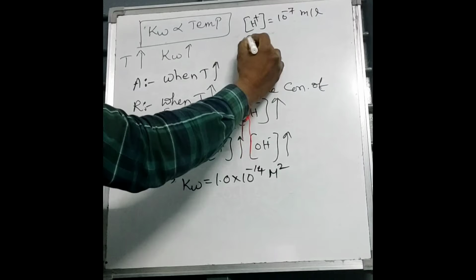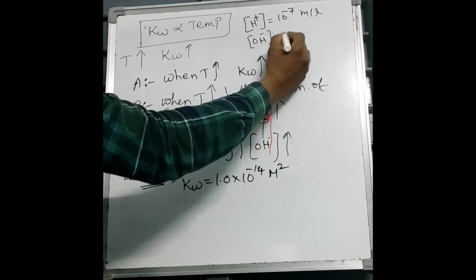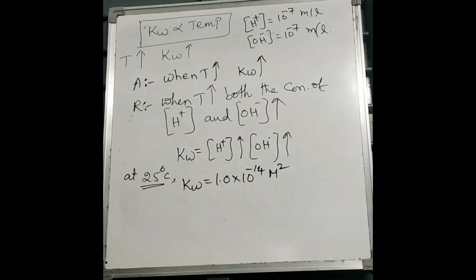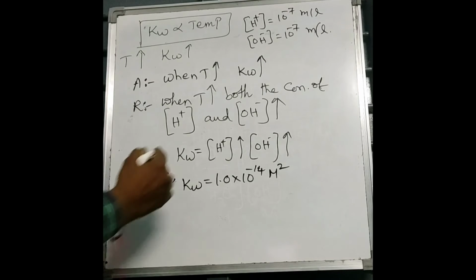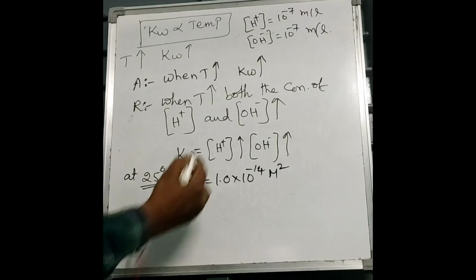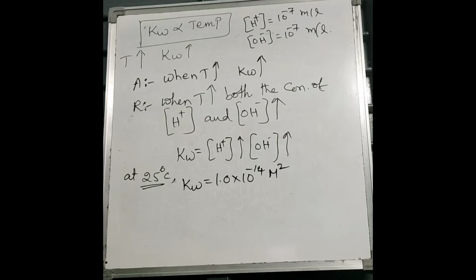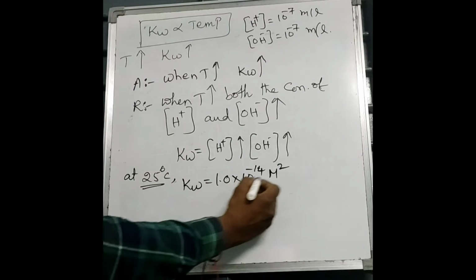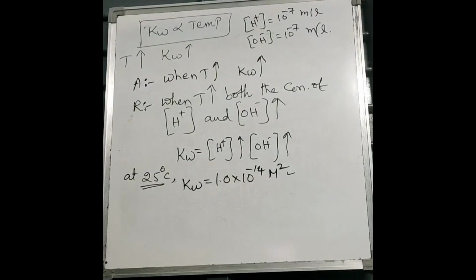In the same way, OH minus ion concentration is also 10 power minus 7 moles per liter. Because Kw is the product of molar concentrations of H plus and OH minus ions, they should be multiplied and the Kw value becomes 1 into 10 power minus 14.